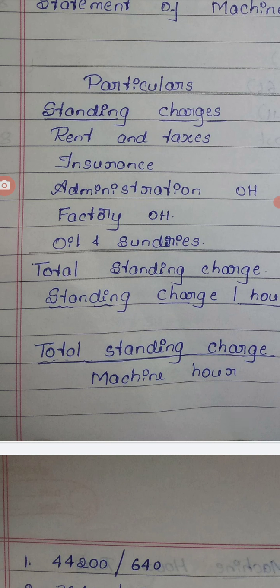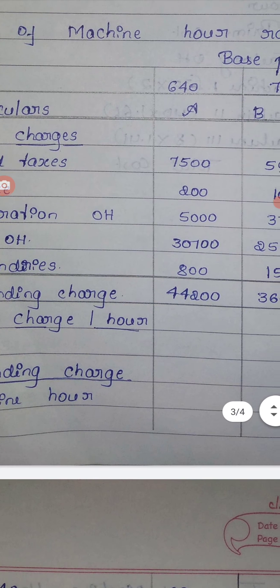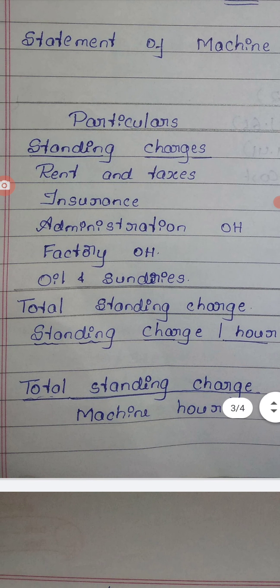Otherwise, rent is a fixed expense, insurance is a fixed expense, administrative overheads and factory overheads are fixed expenses. But oil, sometimes lubricant oil, we can take under variable expenses or machine expenses, since it is related to the machine. But since sundries are there, we have taken it here.